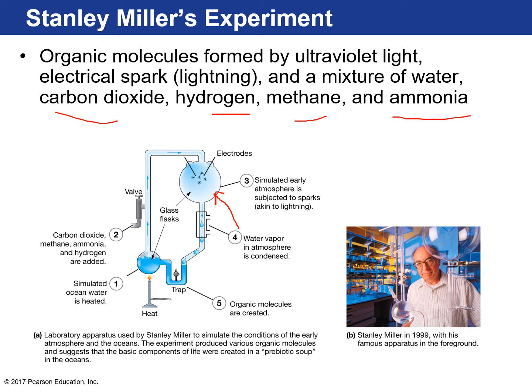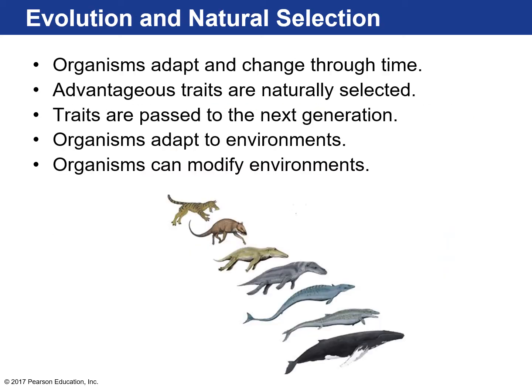And the result of this experiment was that organic molecules were created. So he created something almost out of nothing. And that's believed to be the conditions for how life began in early Earth. He mimicked that. Pretty famous experiment.